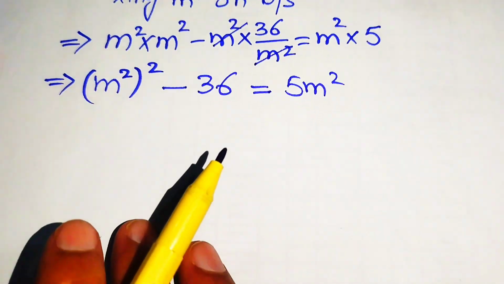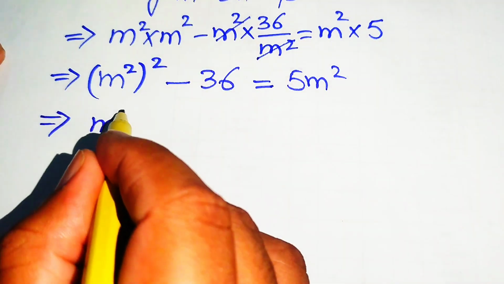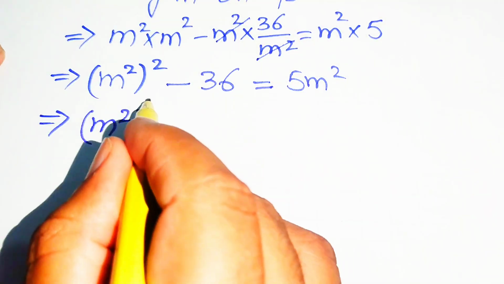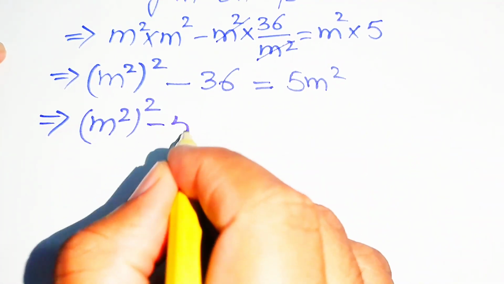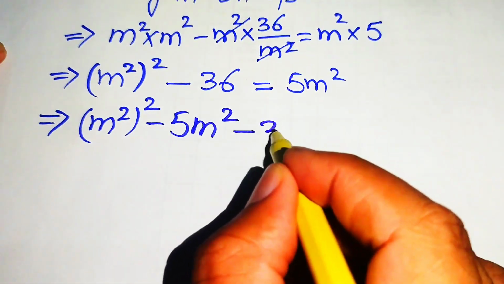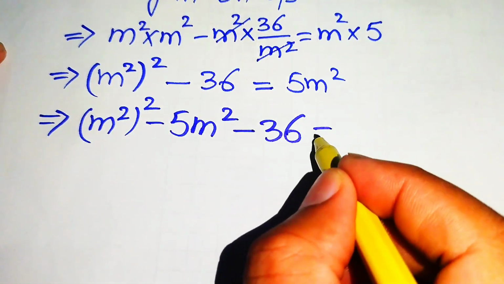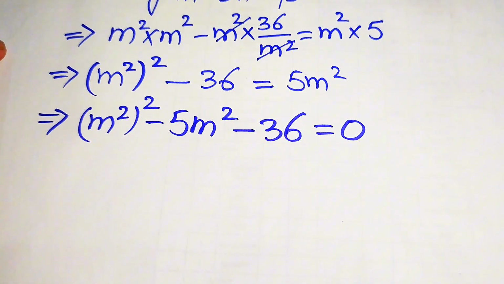In the next step we rearrange this equation and write it as m square and its whole square. We move this 5m square to the left hand side and it becomes minus 5m square, minus 36, and this whole equation equals 0.